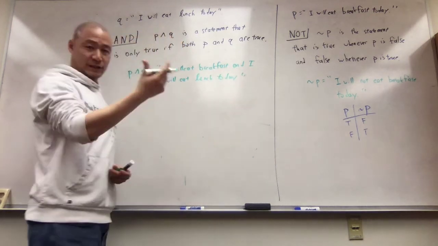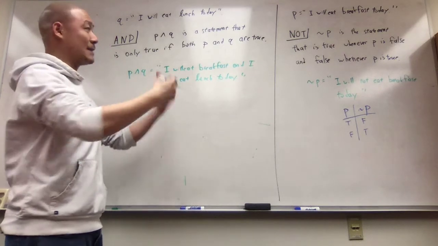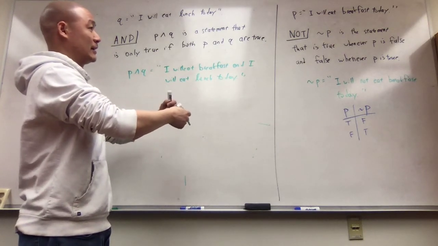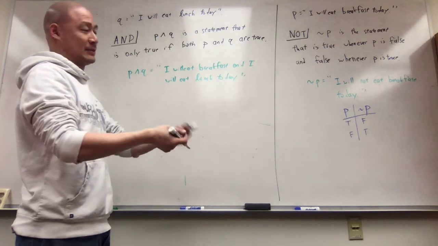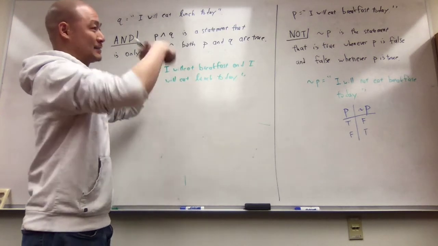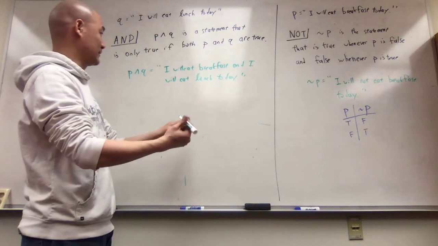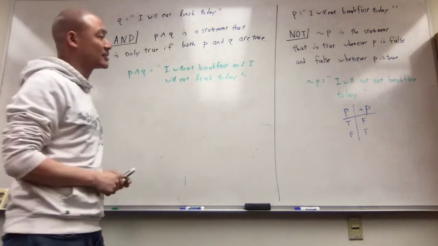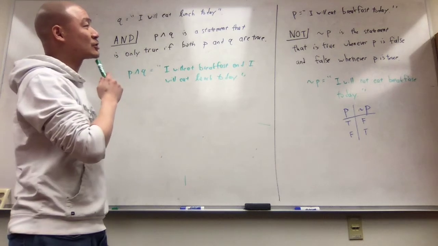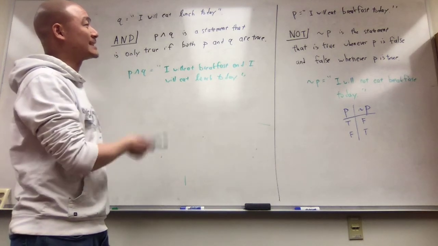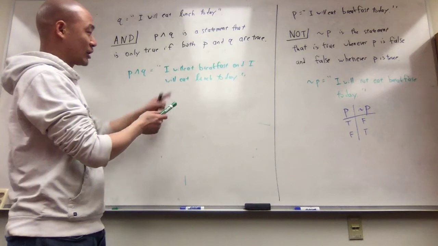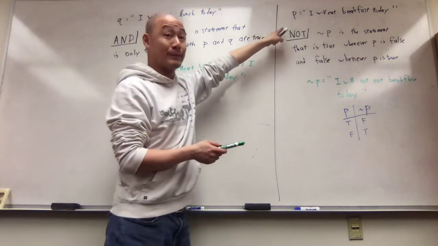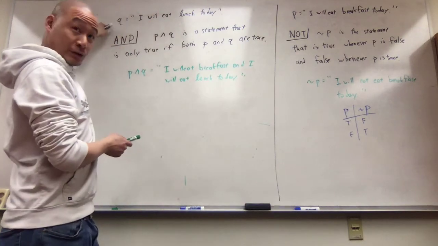There's a lot of ways you can phrase the same statement. In the same way that in algebra, there's a lot of ways you can express the same thing, right? So like 2 times (x plus 3) is 2x plus 6, for example. And so when we make these compound sentences, we're not so concerned about the exact wording as we are with just expressing a statement that is true only if P and Q are true.